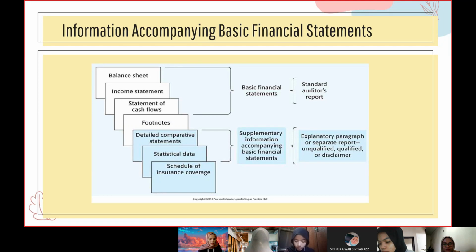This is called supplementary information, combined with the basic financial statements. From that information, the auditor can declare whether the annual report or the auditing report is unqualified, qualified, or a disclaimer. And next slide.